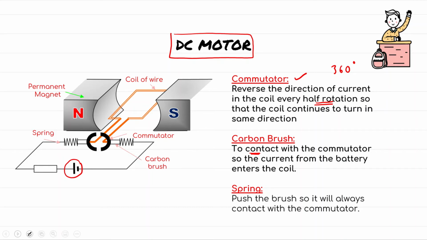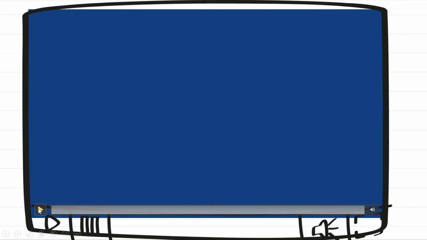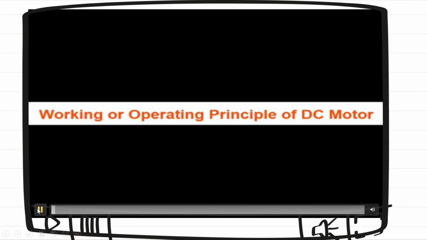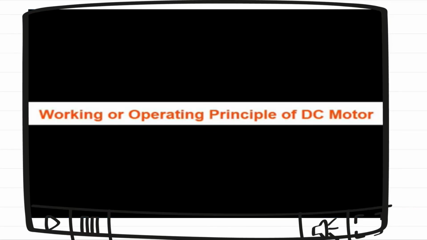Okay, first, kita akan melihat another video. Okay, this video. Now, we are going to discuss about working principle of DC motor. The working principle of DC motor is very simple.